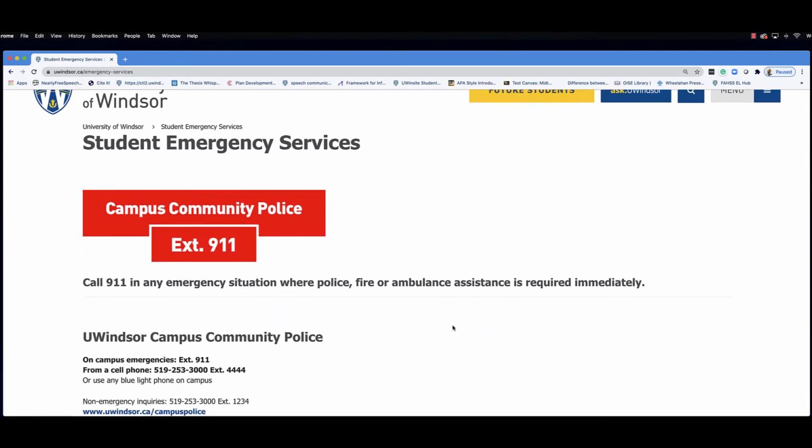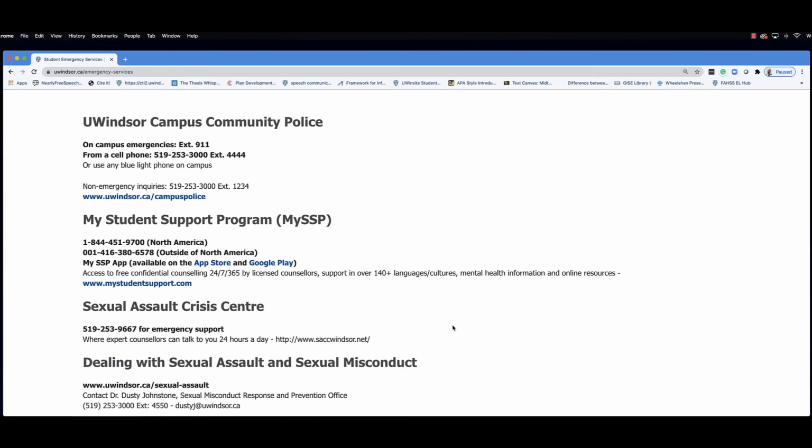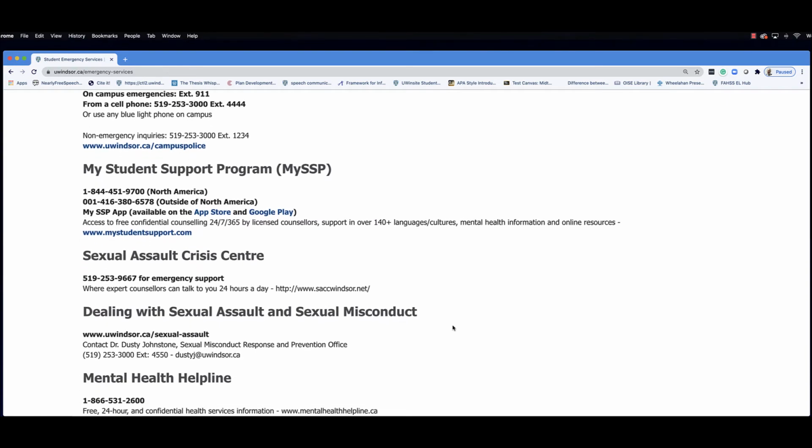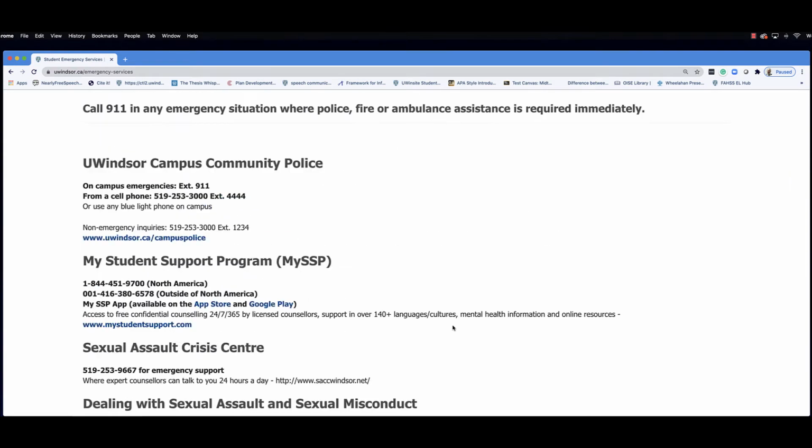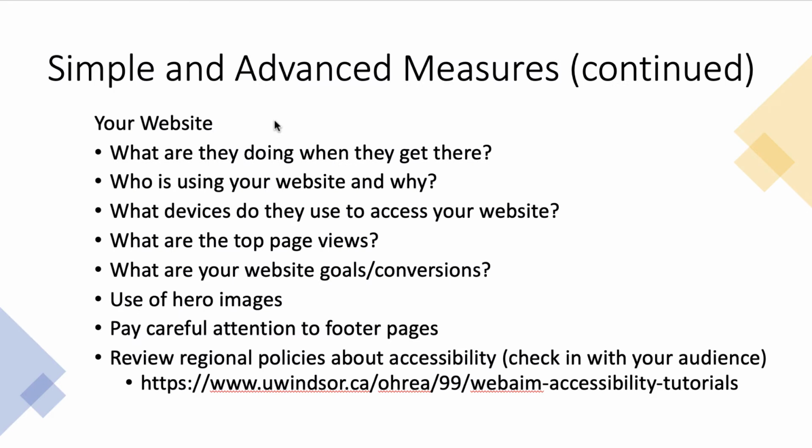So if you're struggling during the pandemic, you can go to pretty much any University of Windsor website and see this information. The textbook author noted that the footer pages were actually much more used than they would have thought. So if you have a website, think about what you're going to put in those footer pages, because according to the author, they will be important.